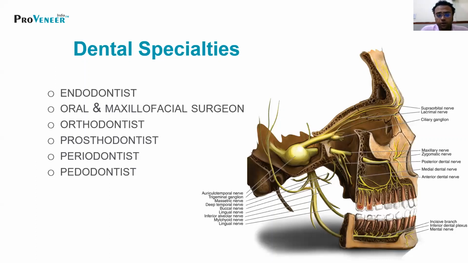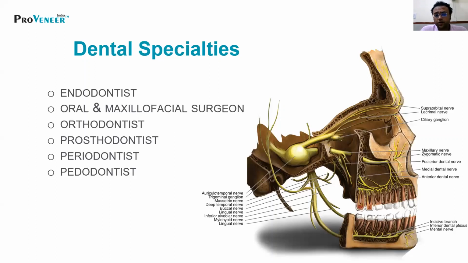And then comes the prosthodontist. The prosthodontist is the dental specialty which deals with replacement from single teeth to multiple teeth, including implants, removable dentures, crowns, bridges, posts and veneers. The specialty to go for is a prosthodontist.